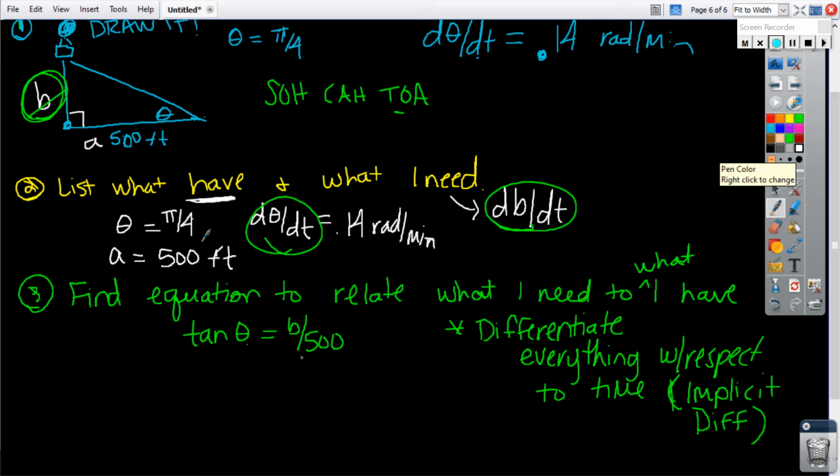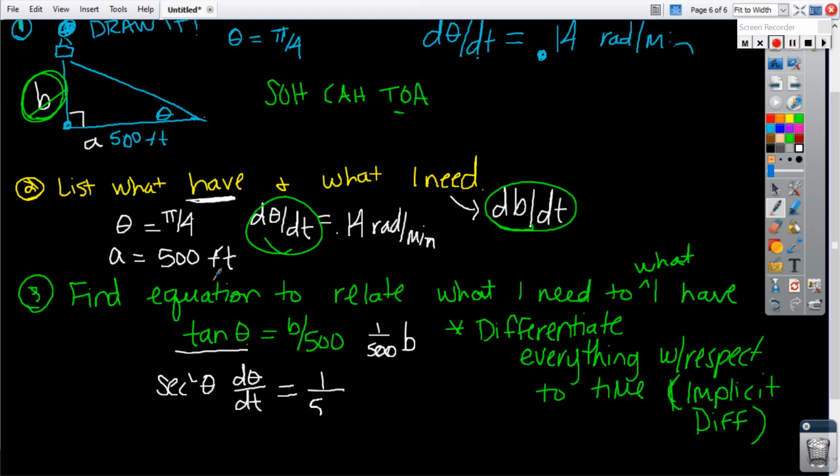So as I differentiate both sides, the derivative of tangent is secant squared theta, times d theta dt, and it's going to equal, now think about this not as B over 500 but as 1 over 500 times B, so the derivative of this would be 1 over 500 dB dt.